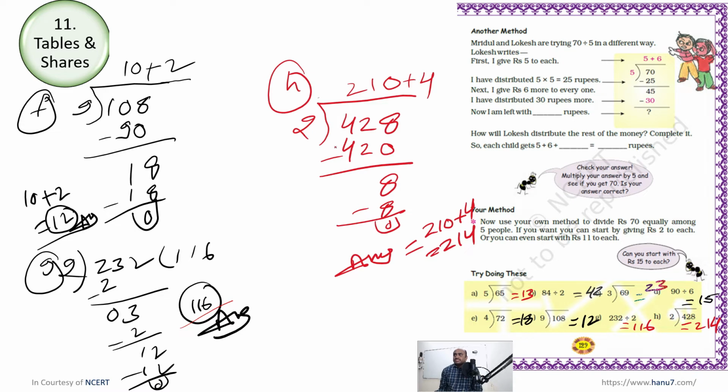And the last bit is 428 divided by 2, but we have to follow the method which is given in the textbook. So I took 2 in such a way that I know 2 2s are 4. I know 2 1s are 2. 0 here. 2 1 0, so 210 into 2 will become 420.